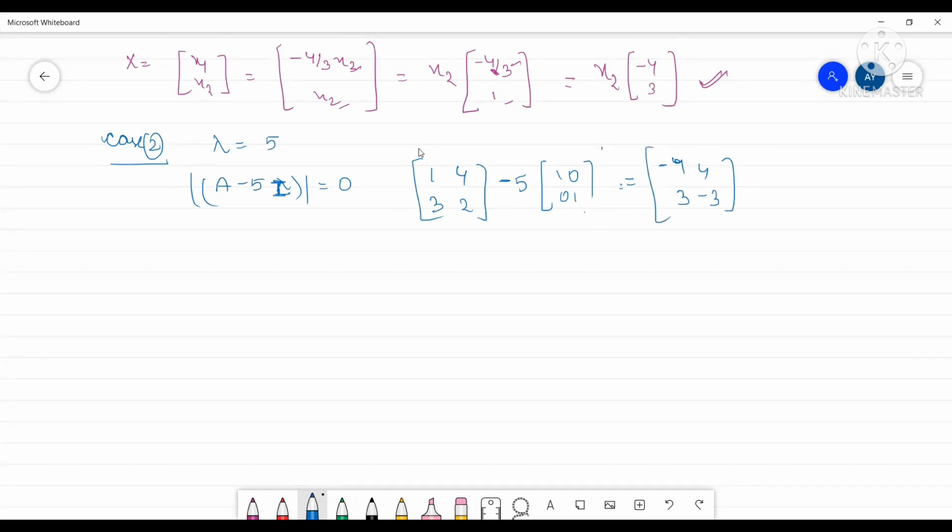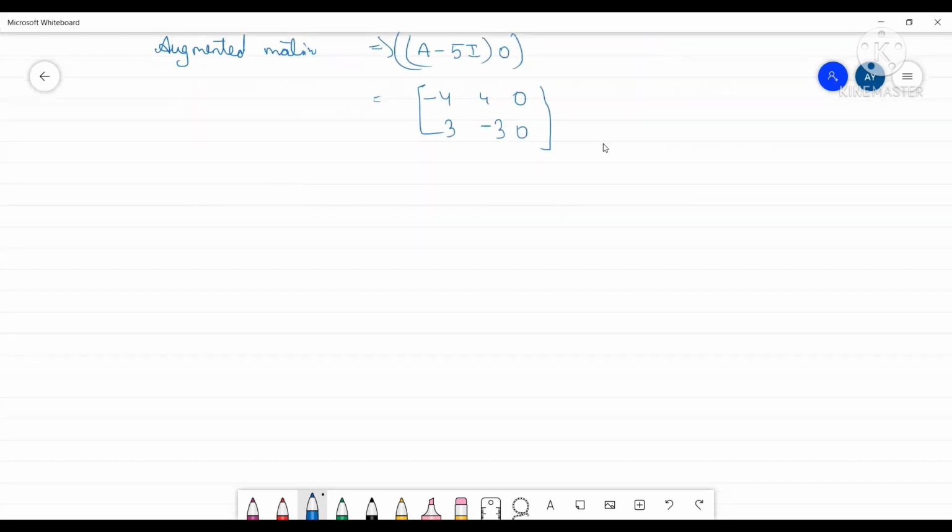In the same way, the augmented matrix. What is an augmented matrix? This implies A minus 5i into 0. Okay, so write the same thing: [minus 4, 4, 0; 3, minus 3, 0]. In the same way, you have to put row operations.